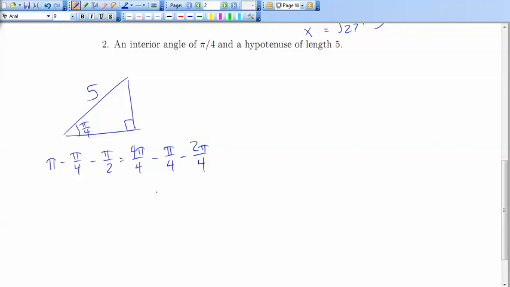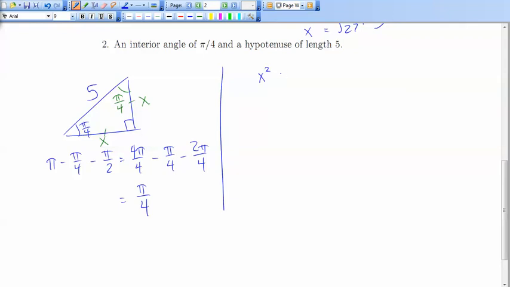And interestingly enough, we're left with 1 pi by 4. So what does that mean about our triangle here? Well, since we have two angles that are identical, that means that we have an isosceles triangle. That means that whatever the length of this side is, it's the same as the length of that side there. So let's give names to these two sides, and I might as well use the same value since we know they're the same length. We can straight up use the Pythagorean theorem to figure this out.